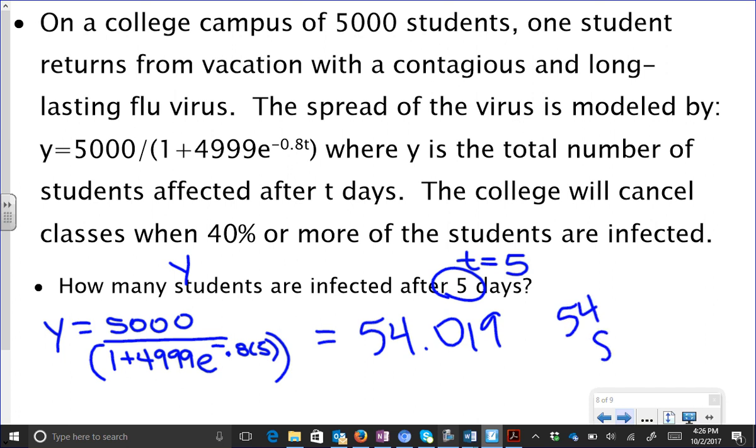So we have 54 students infected after 5 days.